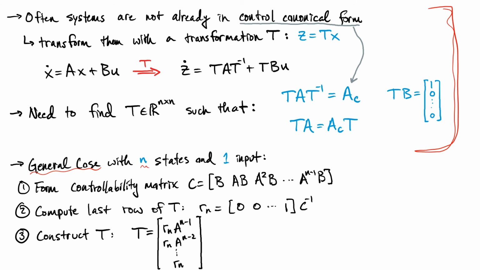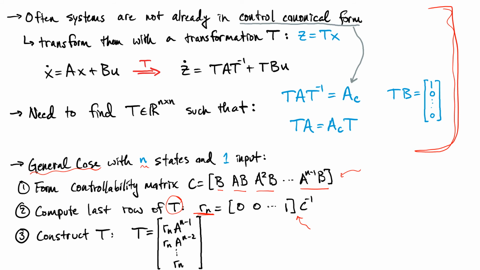If you have n states and one input, then you're going to form a controllability matrix that is just the extension of what we already did, which goes B, AB, A squared B, up to A to the n minus 1 times B. And if this is invertible, that allows us to compute the final row of our T matrix. And from that last row, we can compute all the other rows by multiplying by higher and higher powers of A, just like we did before.